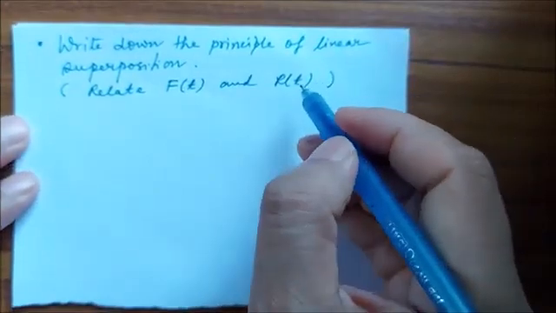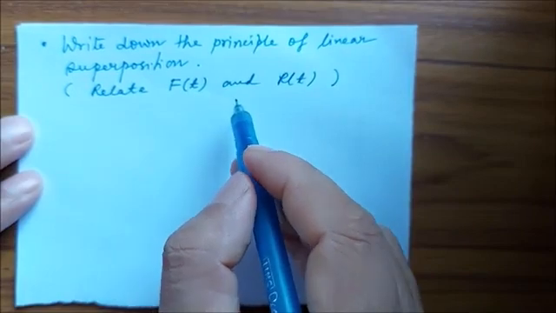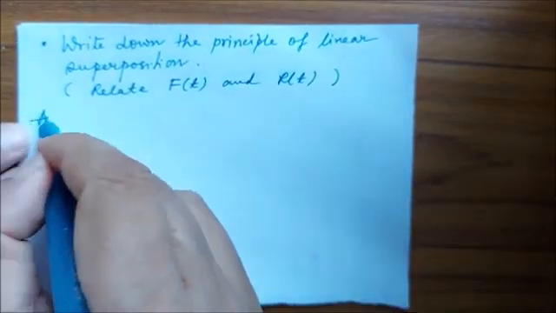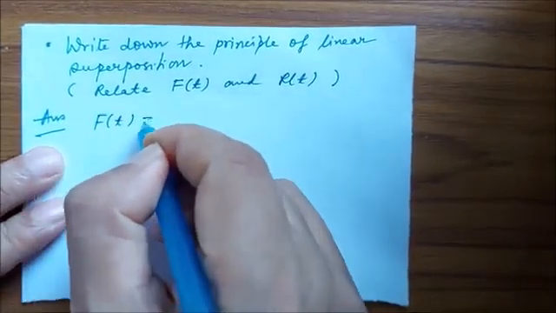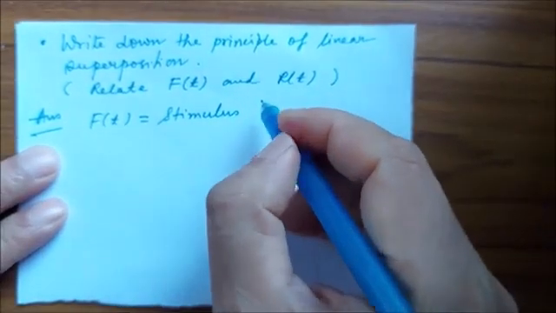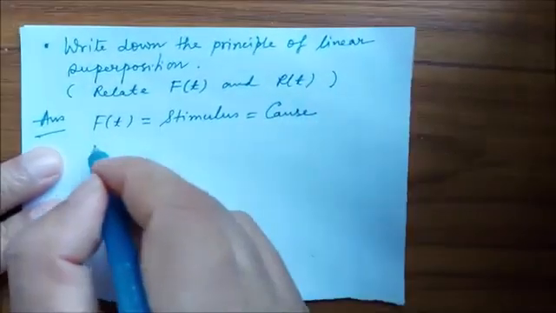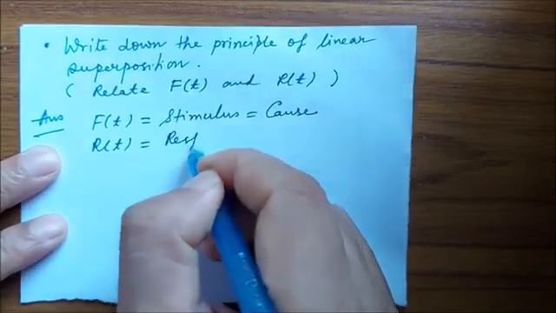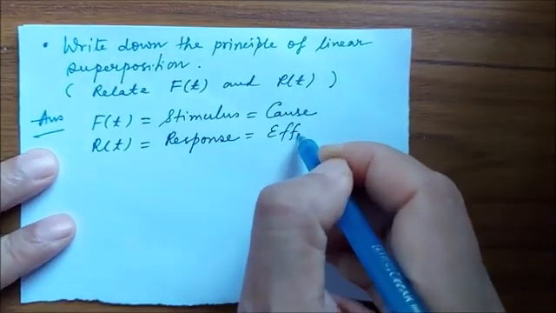That is, what will be the mathematical relation, the general mathematical relation or connector between these two quantities. So what is f of t? F of t is the stimulus or the stimuli, and it is the cause, and r of t is the response, the reaction, the effect.